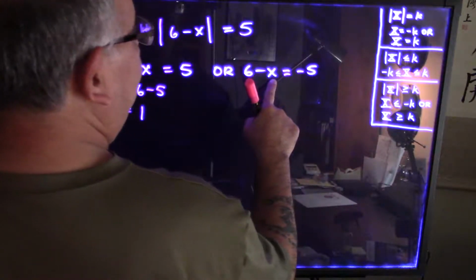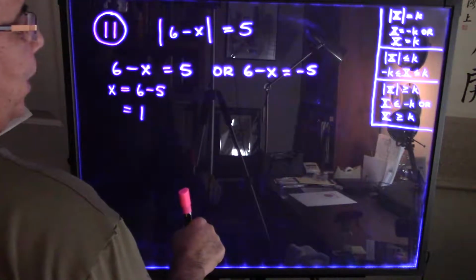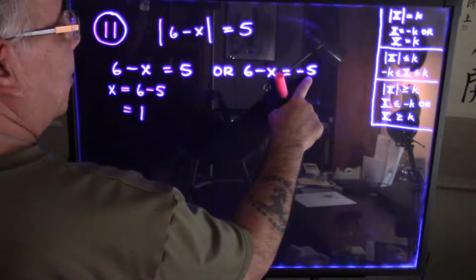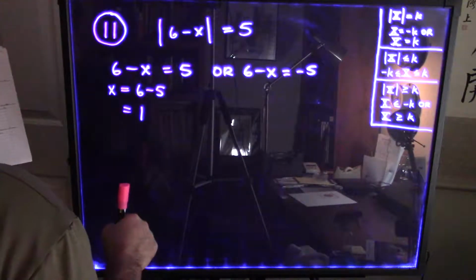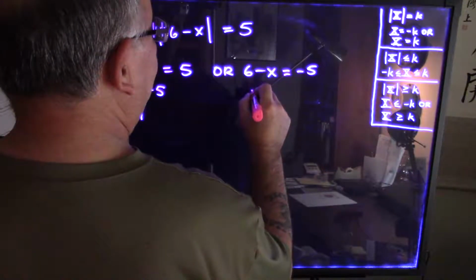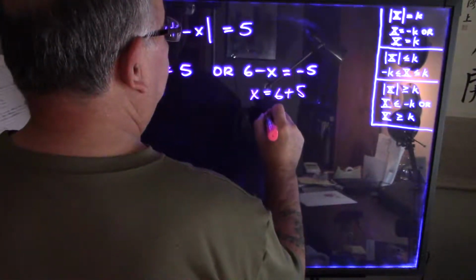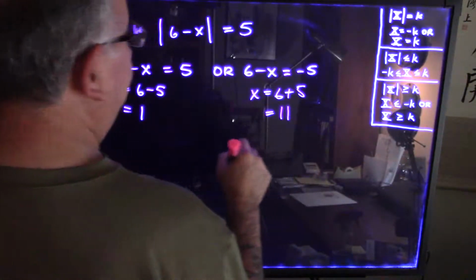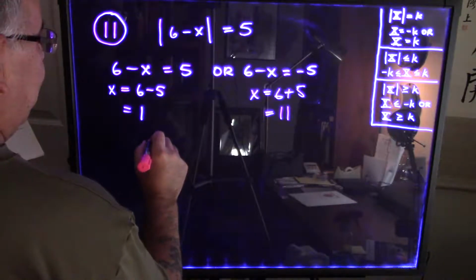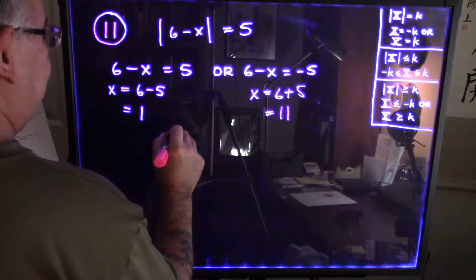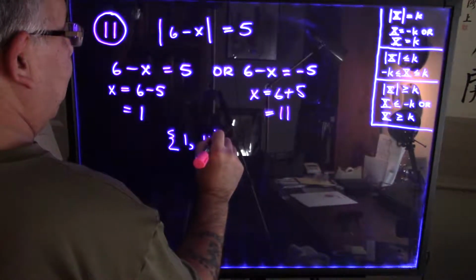Here you can transpose the negative x to the other side, make that positive x, transpose negative 5 to this side, make that positive 5, so you get x equals 6 plus 5, or 11. So you take the union of the two because of the or there. So take the union of the two answers and you're going to get a set with the two answers, 1, 11.